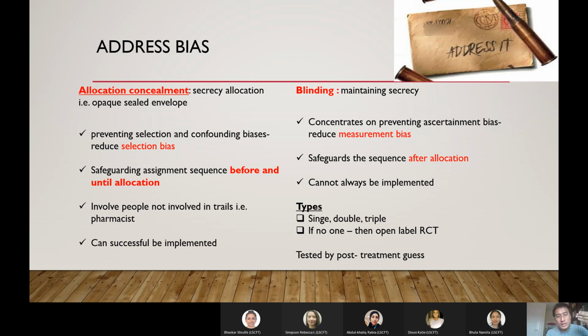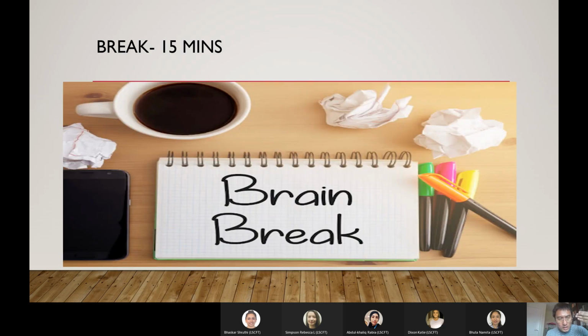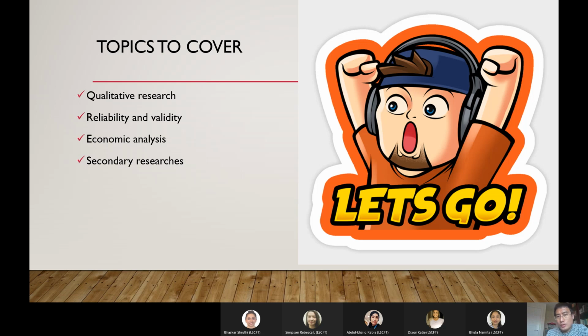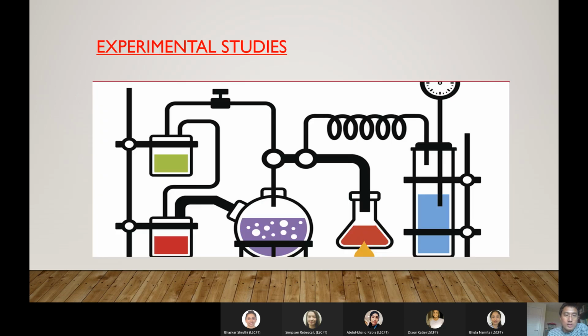This topic will be covered in more detail in secondary research. In the next 1 hour 15 minutes, the topics we'll be covering are qualitative research, reliability and validity, economic analysis, and secondary research. With economic analysis, there are a bit of calculations which might come in the exam. Okay, so let us go ahead with it.